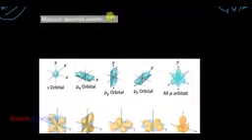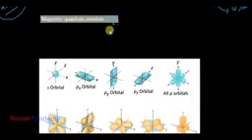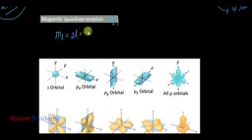What is magnetic quantum number? Magnetic quantum number is denoted by M subscript L. It talks about the number of orbitals each subshell will have.